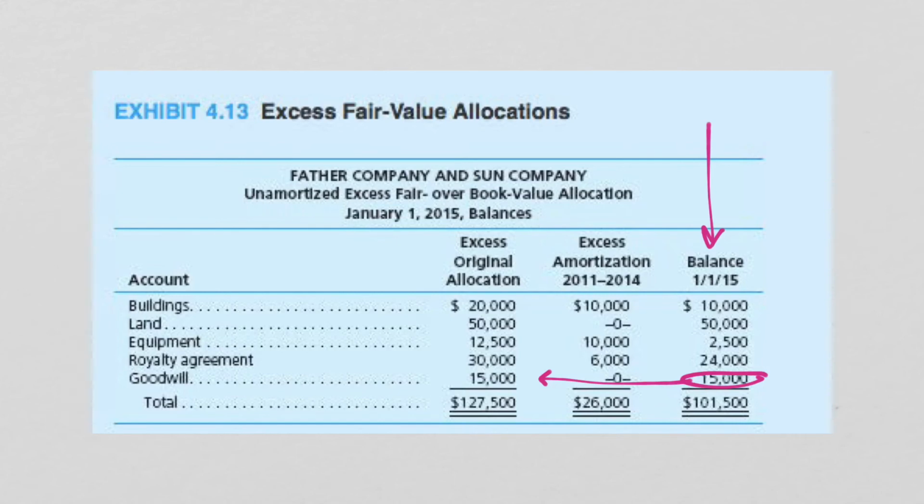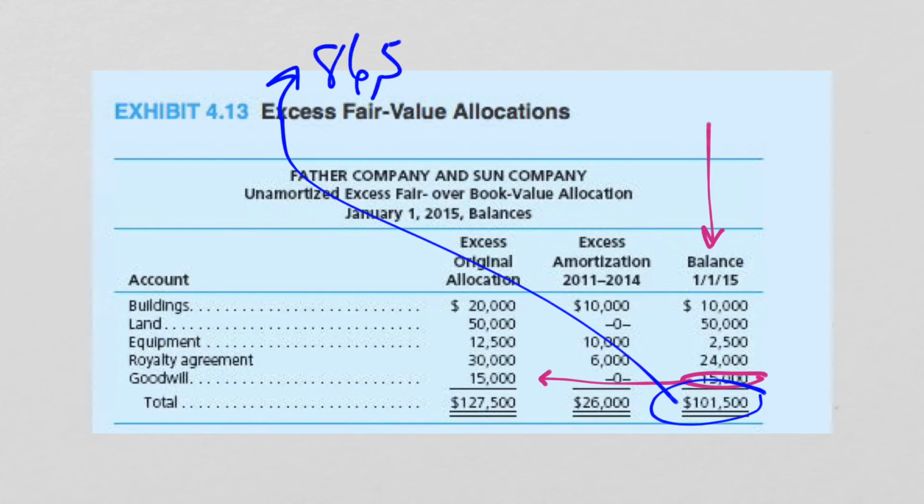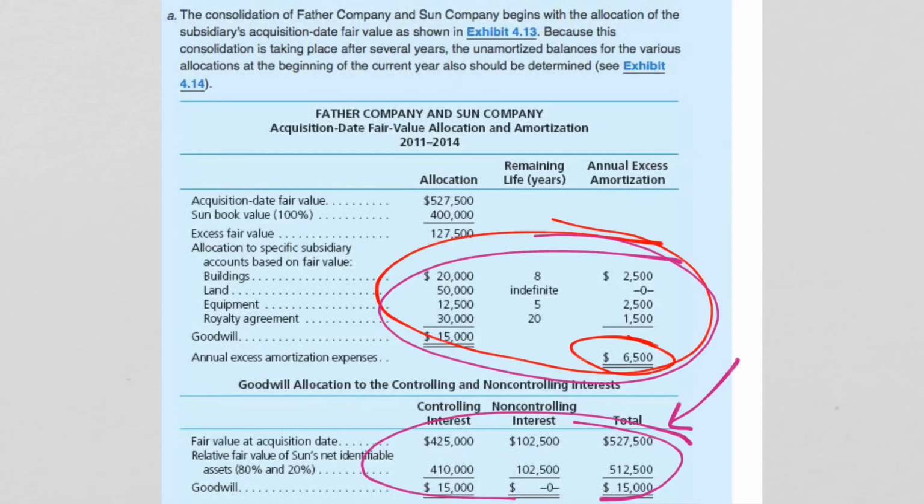So what we're going to say then is of the 101.5, take out 15, and you'll get 86.5. So 86.5 is what we need to think in terms of the total adjustments of fair value over book value, because all this schedule is at 100%. Remember, this is at 100% too, because the consolidated statements are 100%.